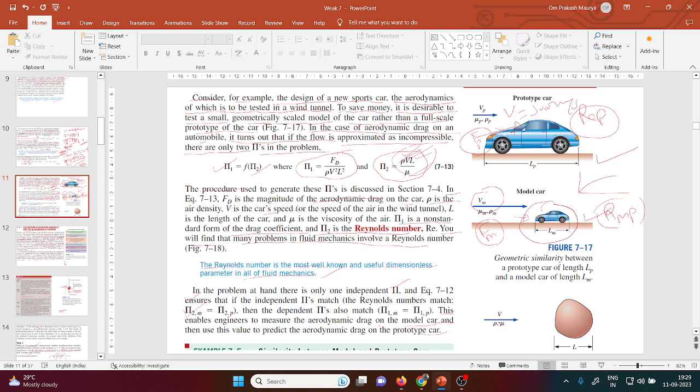But how many variables are here? Rho is 1, velocity is 2, length is 3, mu is 4, F_D is 5. 5 variables. But we have only 2 pi. That is, pi 1 is a function of pi 2. Pi 1 will be the dependent variable and pi 2 will be the independent variable.